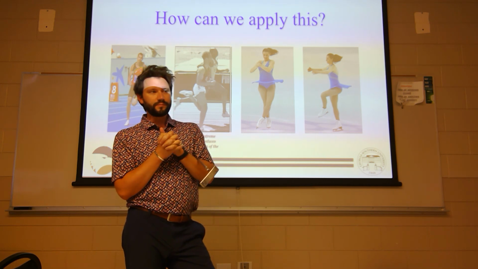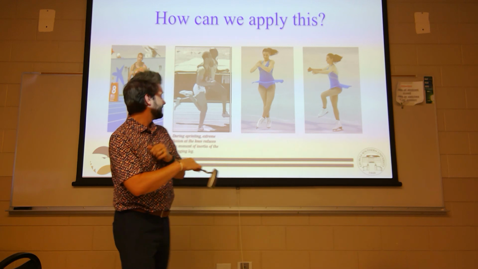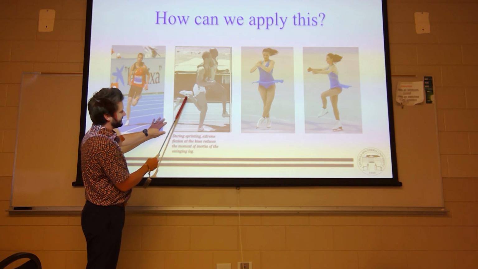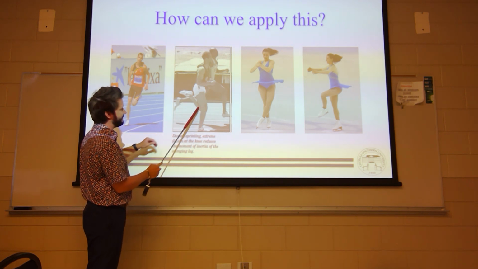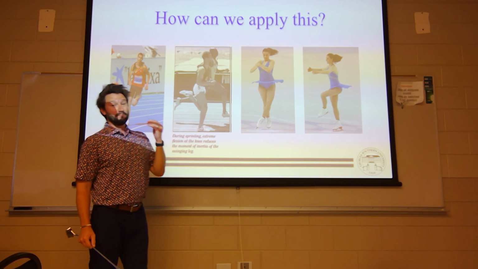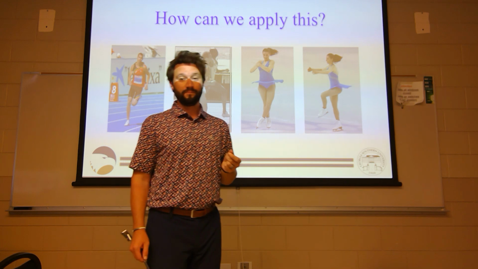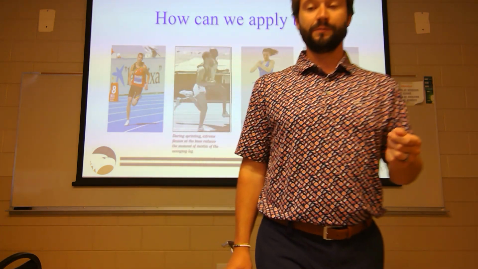Okay. They are taught to flex that knee during the swing phase. So when that foot is off the ground taking a step, flex that knee as much as they possibly can. Okay. That's one of the things they are taught to do.